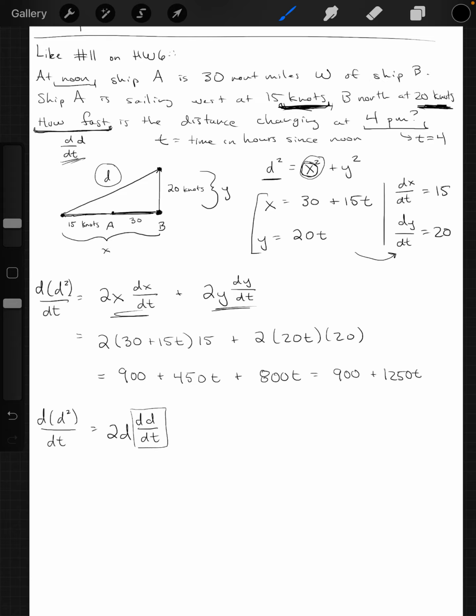Now, this is what we actually want, right? That's what's going to tell us how fast the distance is changing. So we know that the derivative of the distance with respect to time is going to be 900 plus 1250t all over 2d. So we know what t is supposed to be.